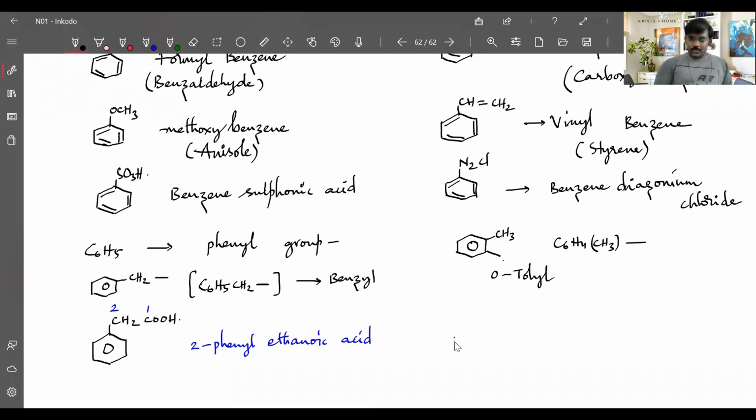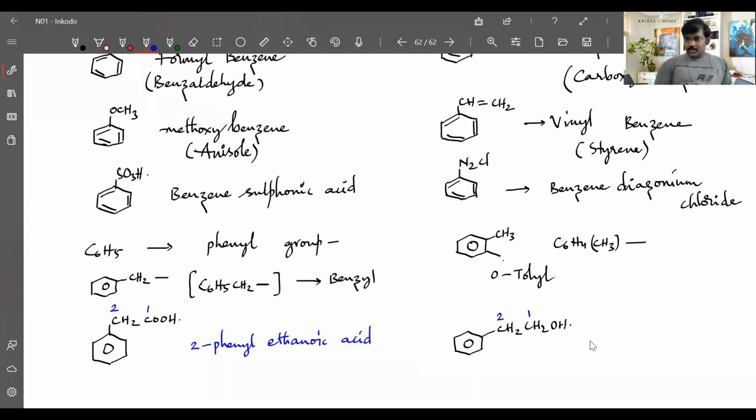Similarly, suppose I have a benzene ring attached with CH2CH2OH. In this compound also, the functional group is the OH group, so the carbon chain will be the parent chain, and the benzene ring will be a substituent only.